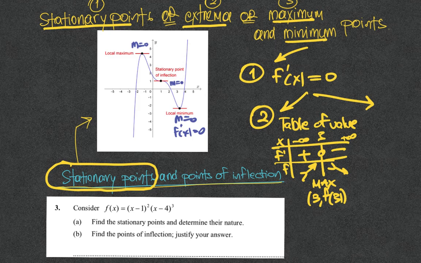The other thing you can do in order to determine the stationary points, so that's step 3, well, it's a bit of a misconception. It's either or, so that would also be a step 2. Once you find the roots of the first derivative, you can use the second derivative test.